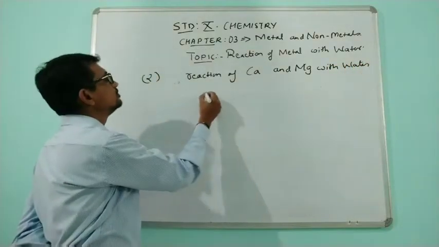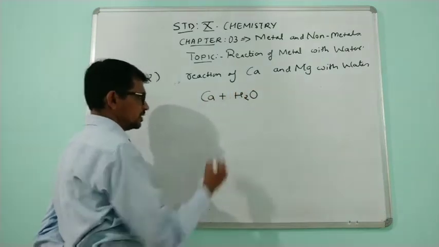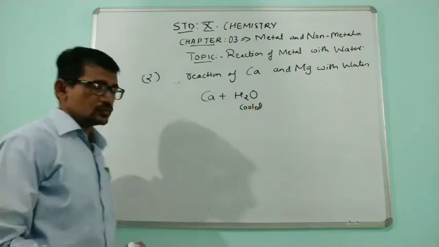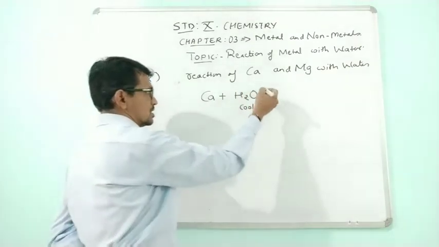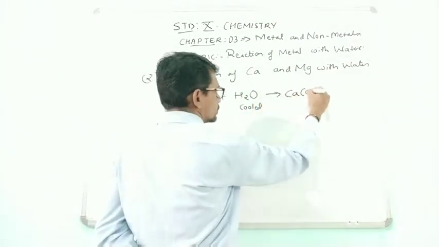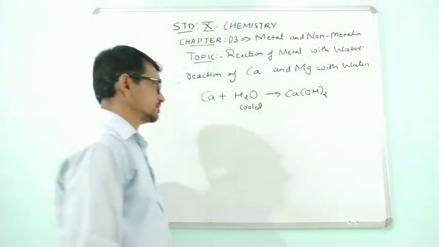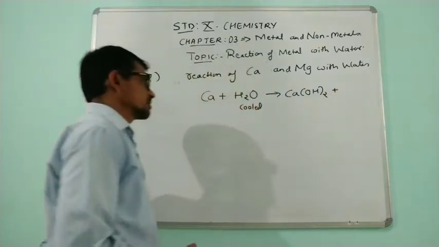So calcium, when it reacts with H2O, which means cold water here, gives calcium hydroxide. The formula is Ca(OH)2.